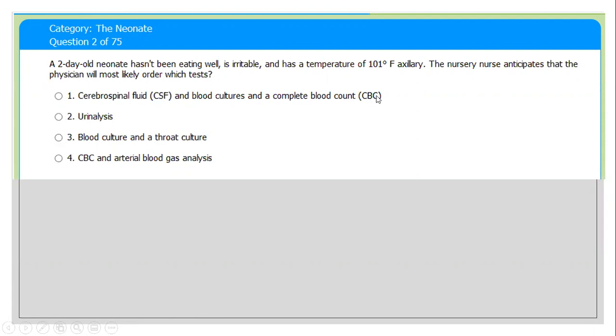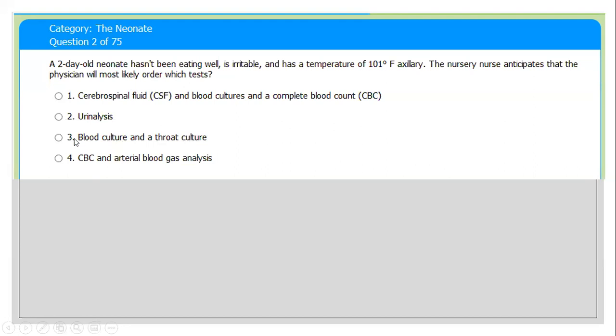The WBC should go up to indicate infection, particularly neutrophils. The other options: urinalysis, blood culture, and throat culture; CBC and arterial blood gas analysis.